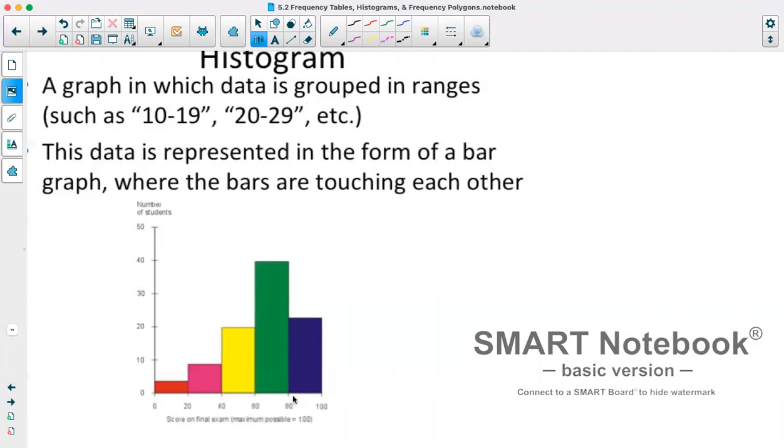Each bar represents a score range of 20, and the height of the bar is how many students scored in that range. Essentially, it's like a bar graph, but all the bars are touching each other, and the x-axis represents a range of numbers.